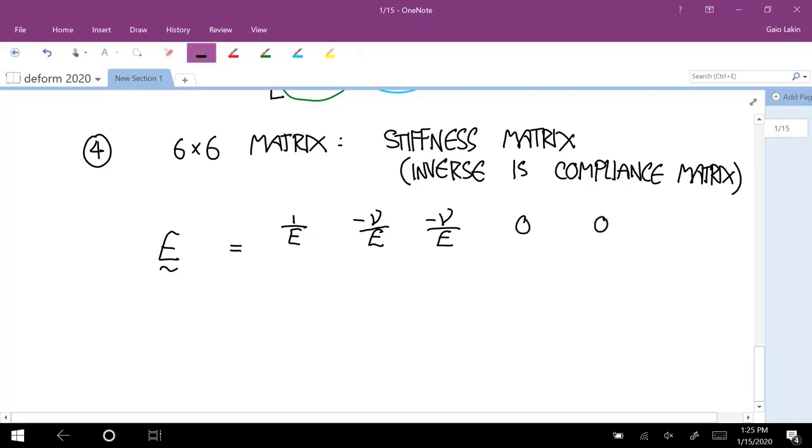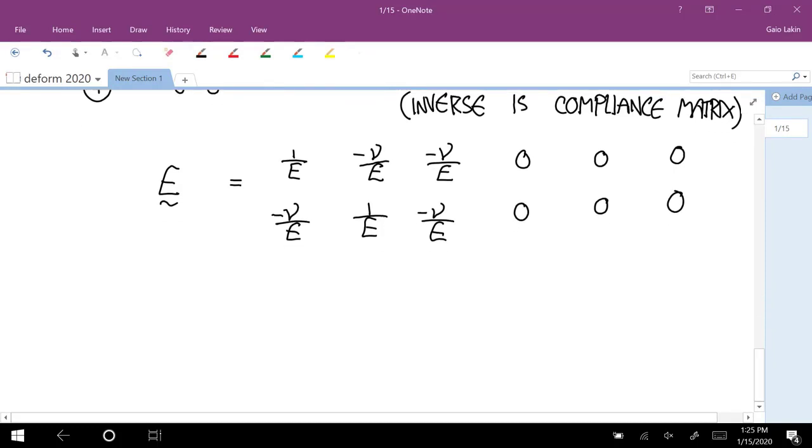And then 3 zeros. And for the second and third row, you're just moving the 1 over E one element over each time. So the second row is going to start negative nu over E, then 1 over E, then negative nu over E, then 0, 0, 0. And then the third one is negative nu over E, negative nu over E, 1 over E, 0, 0, 0.